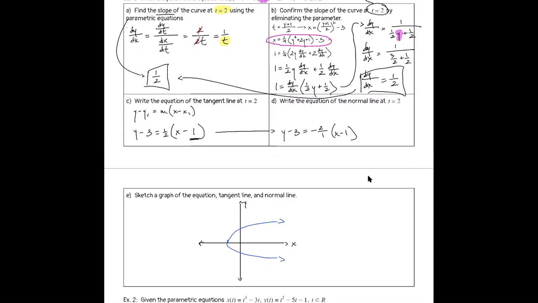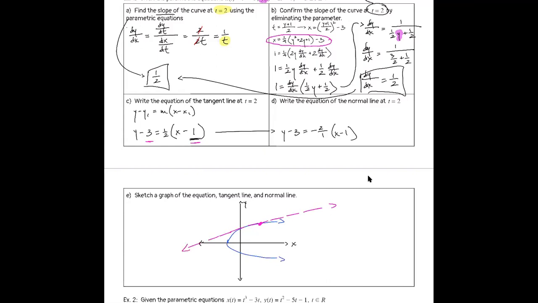But if we're thinking about tangent lines, we knew that the point we were interested in is 1, 3. So if I go to 1, 3 on my curve and I draw the tangent line, it's going to follow the slope of that line, but it's just going to touch the curve right at that one spot.